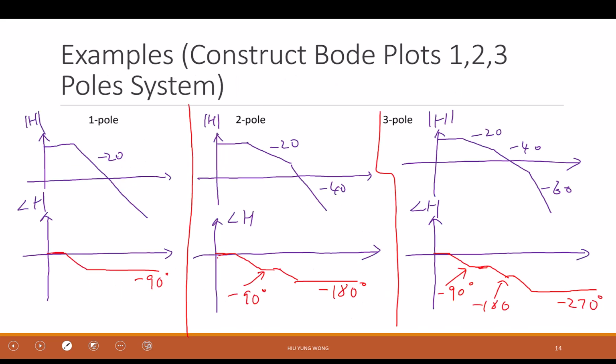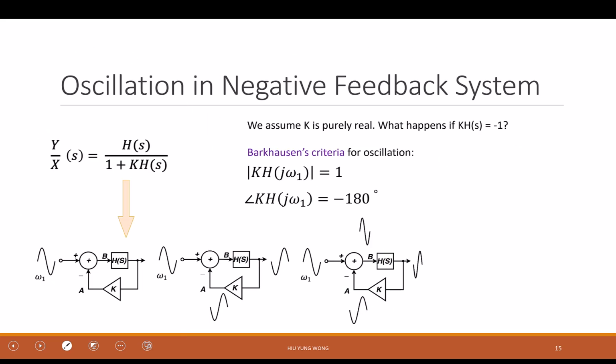If no, then now look at the oscillation condition. Is this familiar to you? What is this? Closed loop gain, exactly, right? We have been using A, but we say A is a transfer function, right? So let's look at this circuit. It has a feed forward, which is H of S, and it has a feedback.